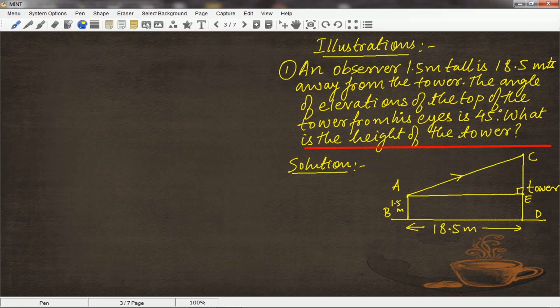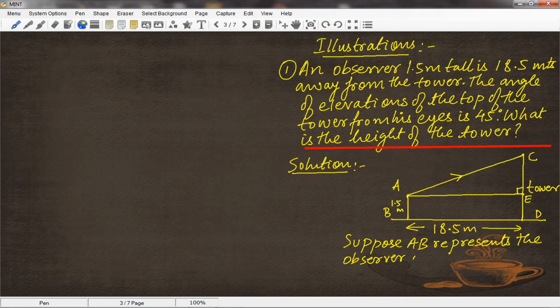Now the next thing after completing the diagram is to give an explanation of the diagram. We'll say suppose AB represents the observer, that is AB's length is 1.5 meters.